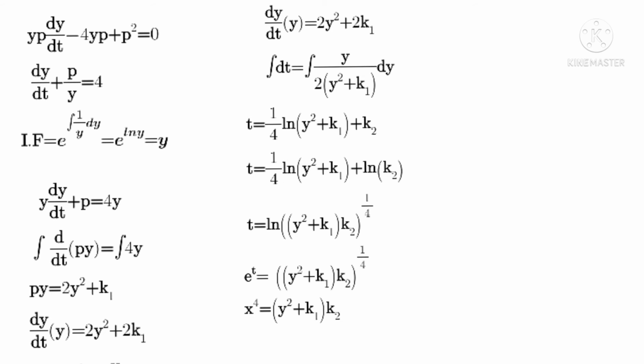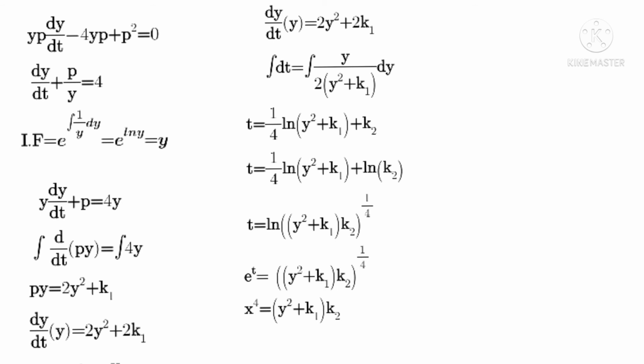Then when we integrate both sides, we are using the product rule. We have everything to be d/dy of py. Then we integrate both sides. So the integral sign and derivative sign cancel out automatically. Then we are left with py equals 2y squared plus c or k1.